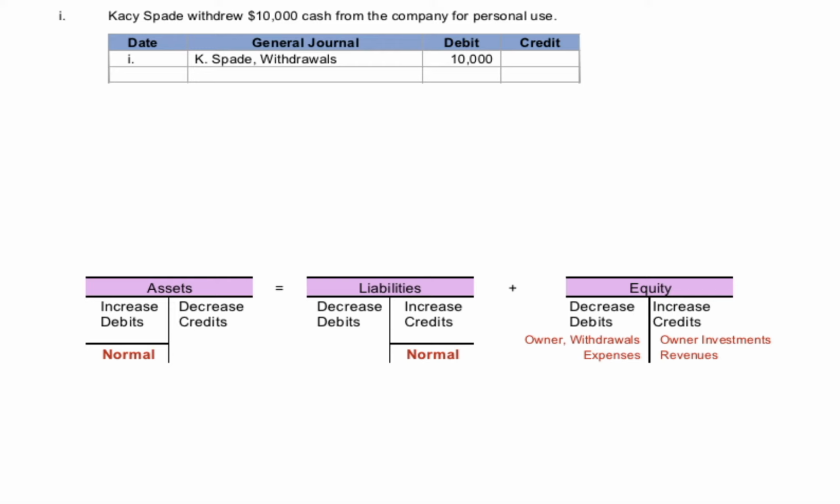So what's happening from the company's perspective? Cash is leaving the company's bank account and going into individual Spade's pocket. So cash is going down. Again, if you had to pick from a drop-down menu, you probably pretty easily select Spade withdrawals if you were given that information and said, hey, go find where this withdrawal should come out of.